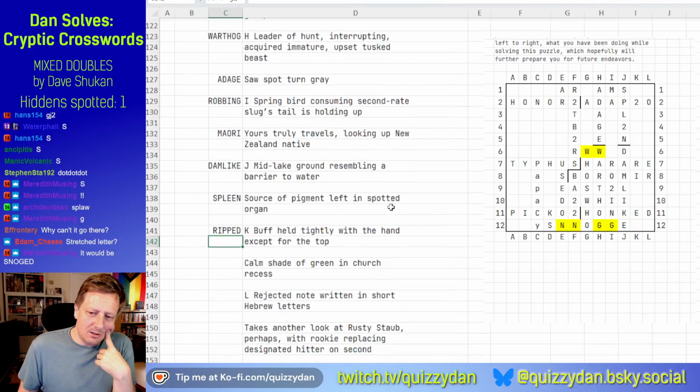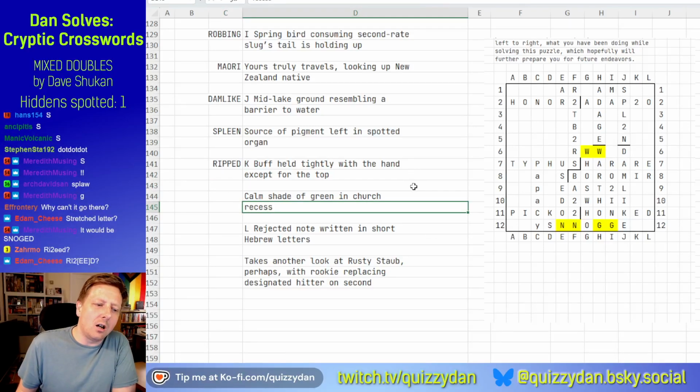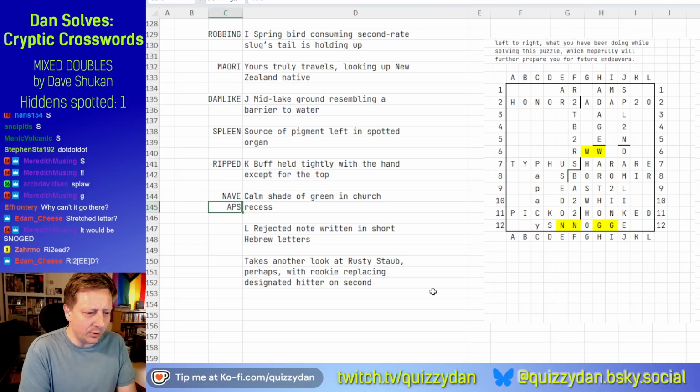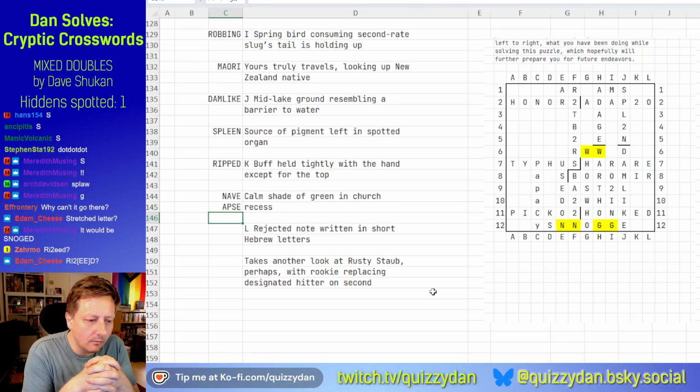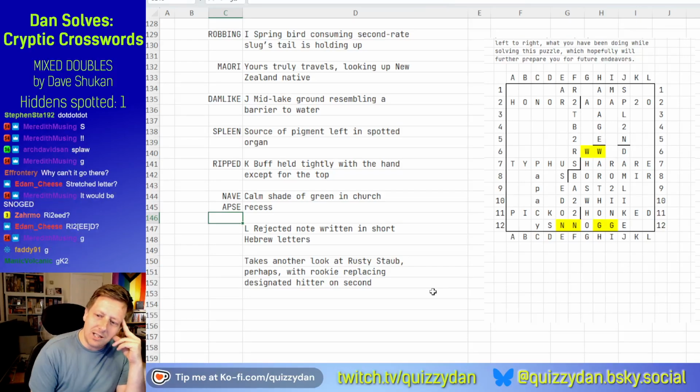Okay, well, I don't quite know what's going on there. Calm shade of green in church recess. So that's either the nave or the apse. Shade of green, olive, P. Oh, I see.